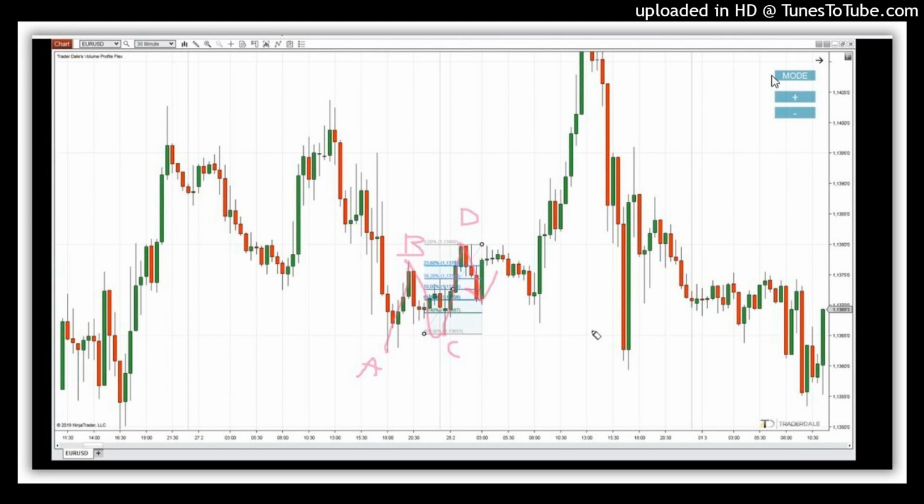So this point is the C. So again, you move the Fibonacci like this, so it begins at C, and this will be the D. So you have A, B, and B, C, and C, D. And from this place, you go long. Now, what I see here is the volume accumulation setup.